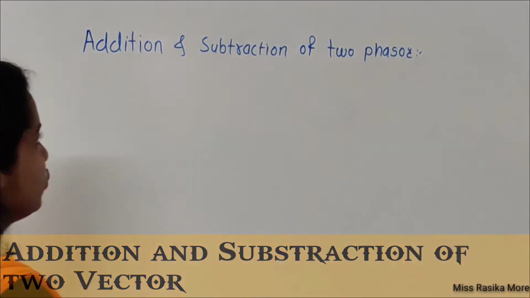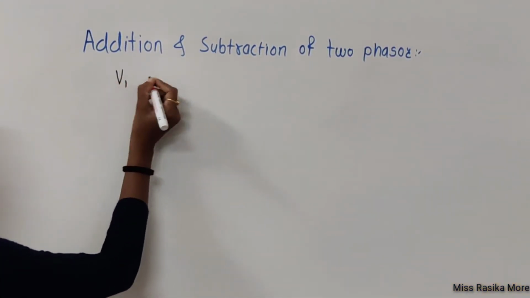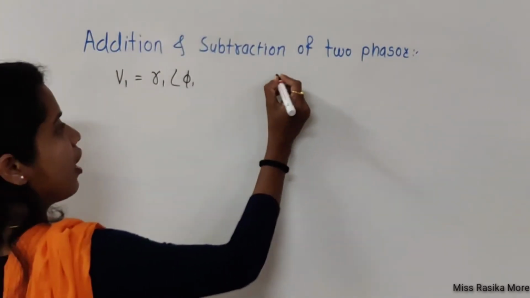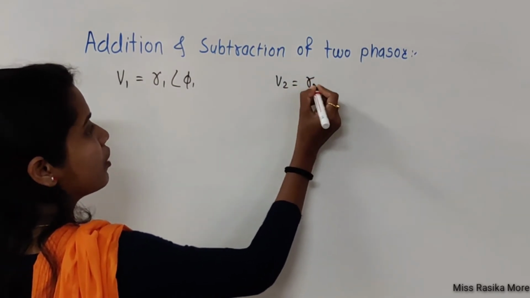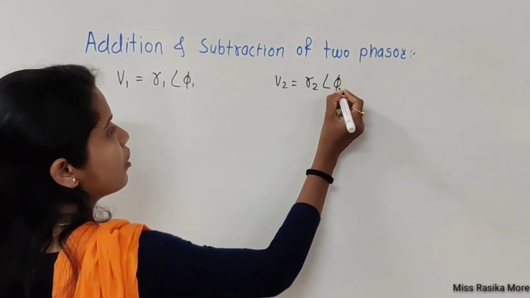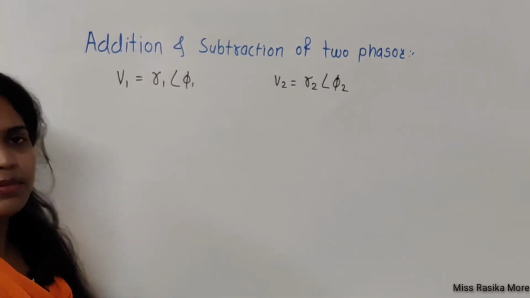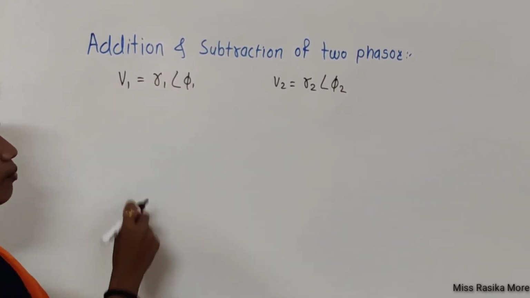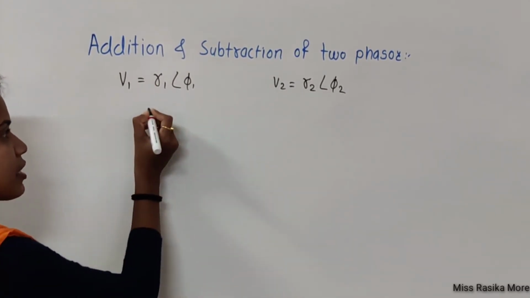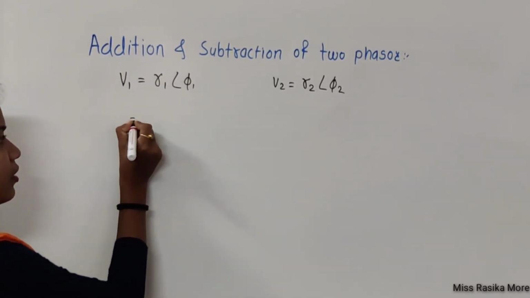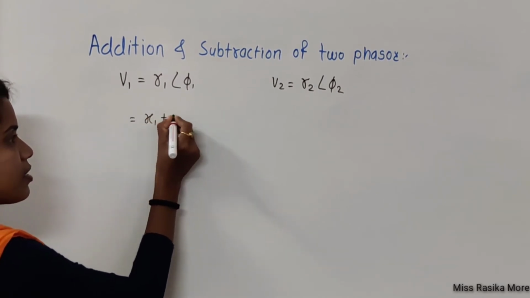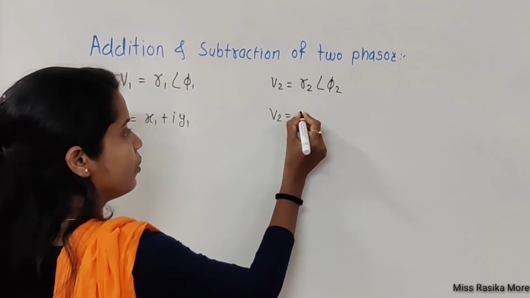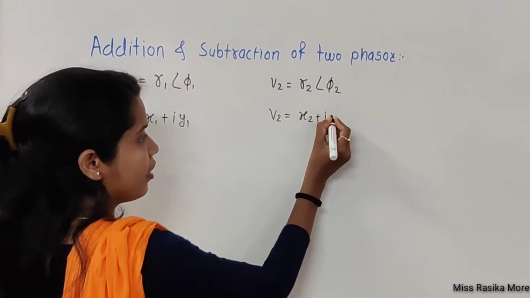Next point is addition and subtraction of two vectors. Let us consider two vectors v1 and v2. v1 is equal to r1 at an angle phi 1, and v2 is equal to r2 at an angle phi 2. But it is in polar form, so we must represent it in rectangular form. So rectangular form means x plus jy. So v1 is x1 plus j y1, and v2 is equal to x2 plus j y2.